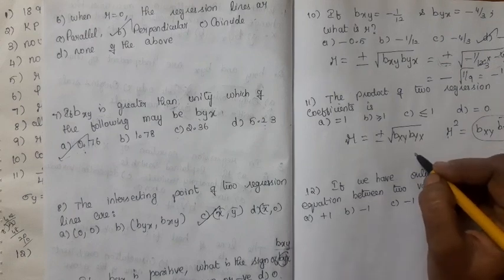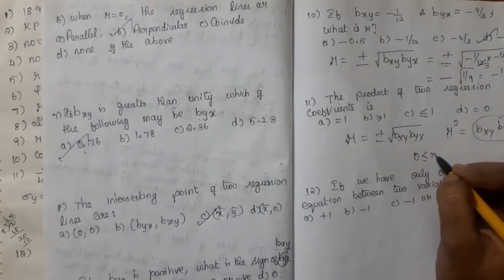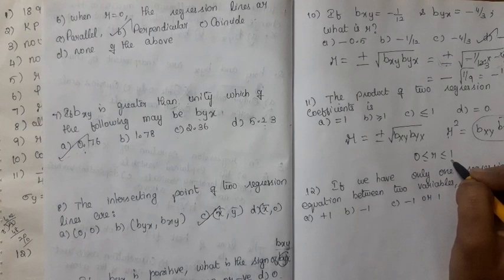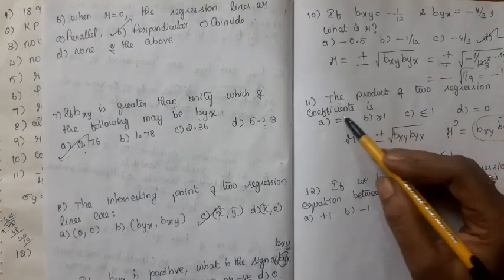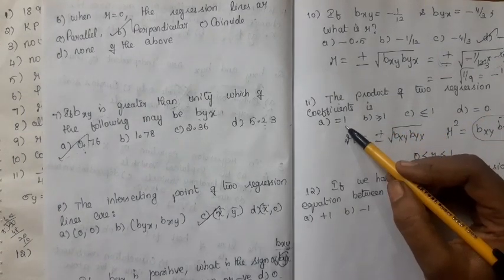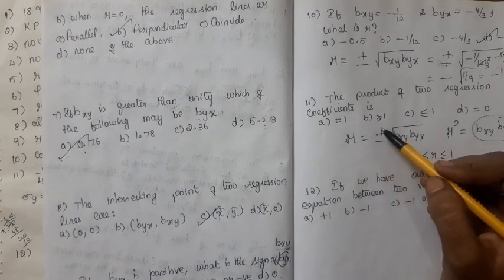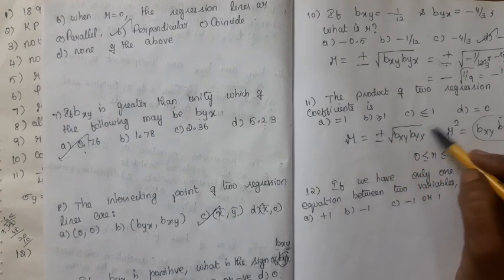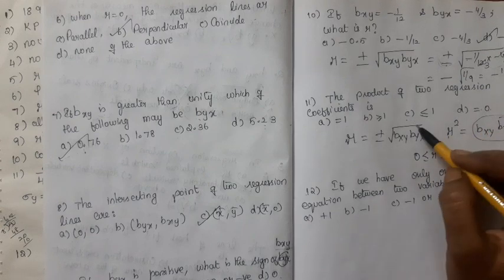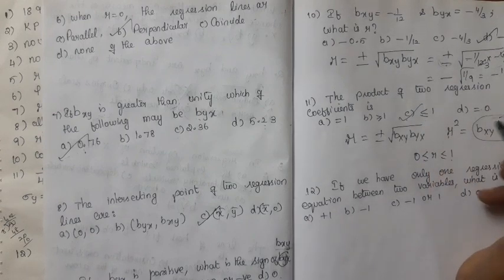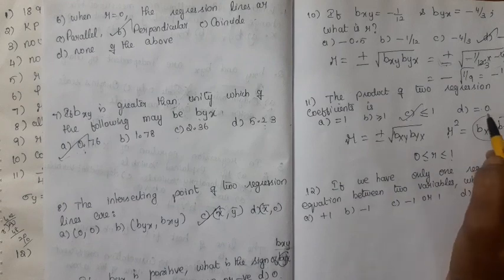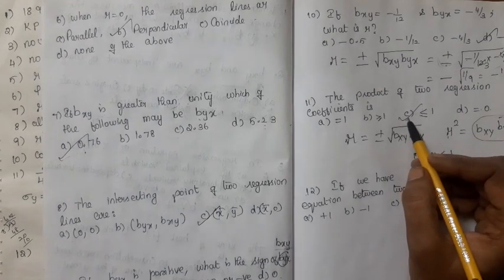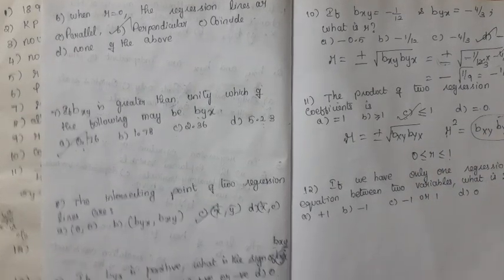You know the square of the correlation coefficient lies between 0 and 1. So is the product of two regression coefficients equal to 1? No, it is not so in all cases. Greater than or equal to 1, definitely not. Less than or equal to 1, yes, this is correct. Equal to 0, you cannot say. So less than or equal to 1. In some cases it may be equal to 0, but in general it is always less than or equal to 1. Okay.